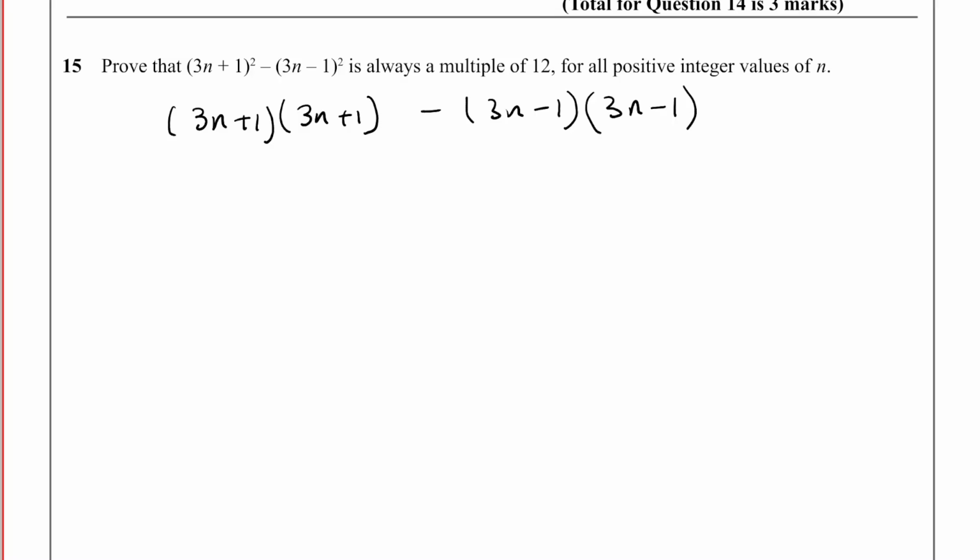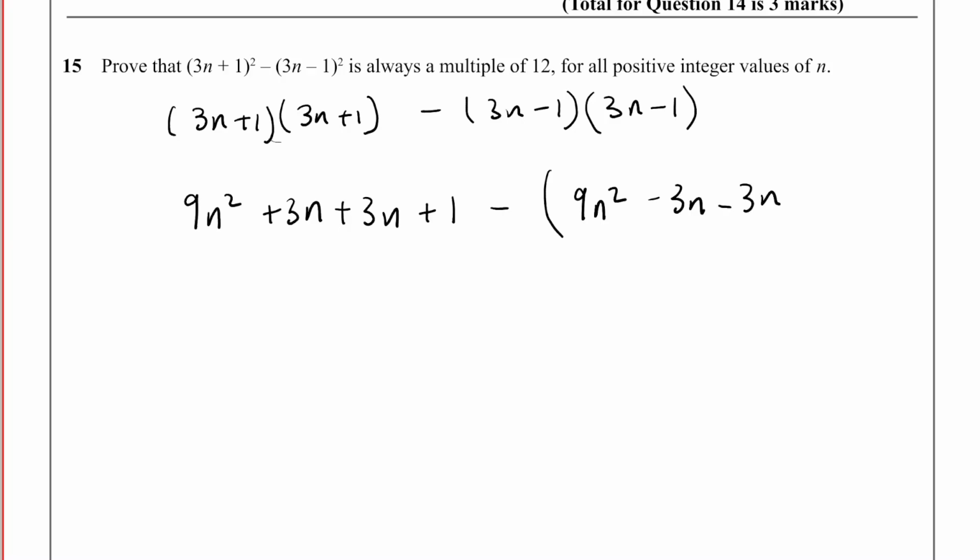So 3n times 3n, 9n squared. 3n times 1 is 3n. 1 times 3n is 3n, and 1 times 1 is 1. I'm going to keep this bracket around the second expansion because I know I want to take away all of it. 3n times 3n, 9n squared. 3n times negative 1 is minus 3n, minus 1 times 3n is minus 3n again.